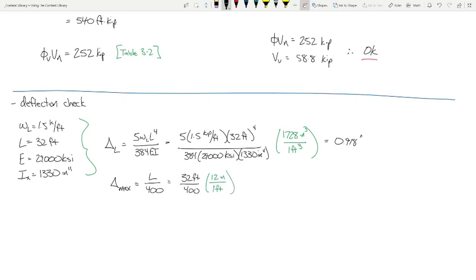And what is that? 0.96 inches. So our maximum deflection is 0.96.